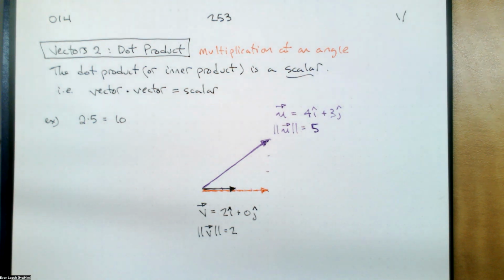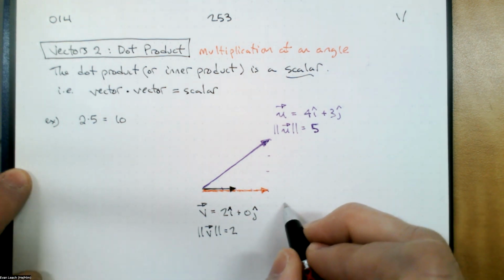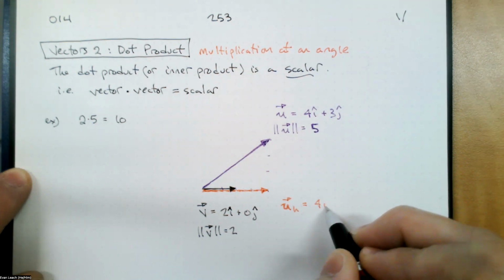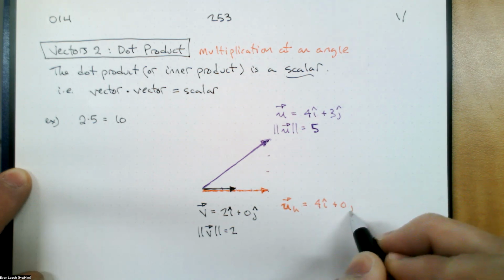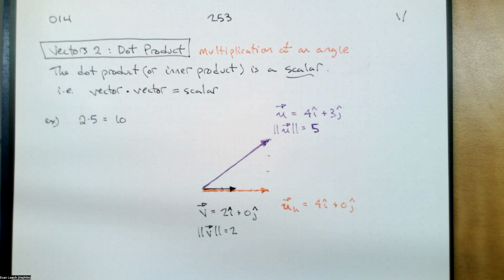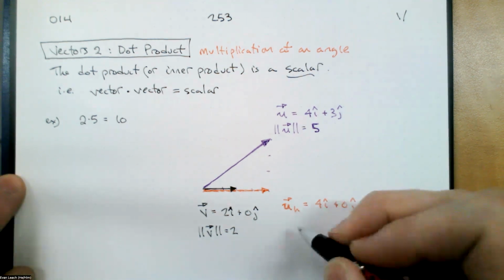Here's our horizontal component of u. That's 4i and 0j. The magnitude of the horizontal component is 4.